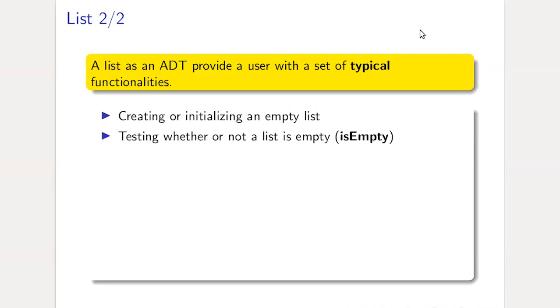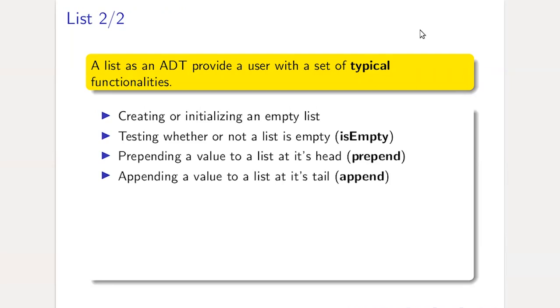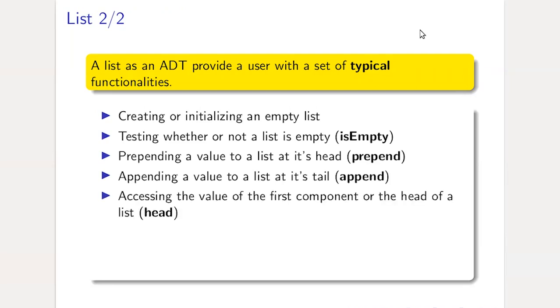So we would have the requirement to see if a list is still empty or not. And we need the capability to add items to the list. So that we can do by adding to the head of the list, which we call prepend, or adding to the tail of the list, that means the end of the list, which we call appending. Also, that is about adding items to the list.